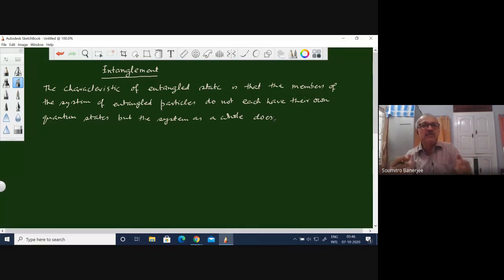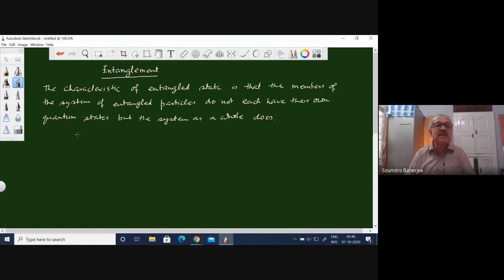That means in the thought experiment that Einstein proposed, two particles go in two different directions, and I observe it here, and immediately the other one collapses there. The situation is that they individually do not have their states well defined, but the total state is well defined. And you might imagine the total state to be an entangled state or a singlet state.